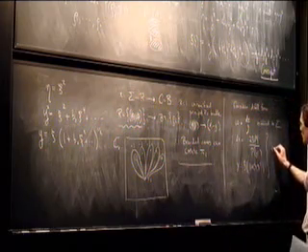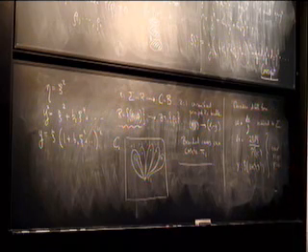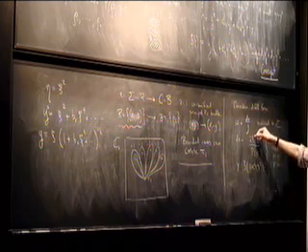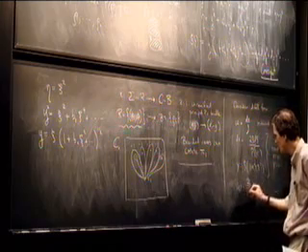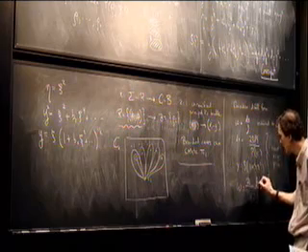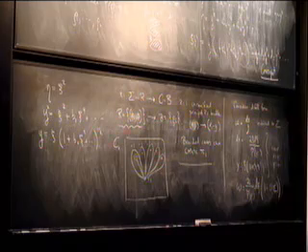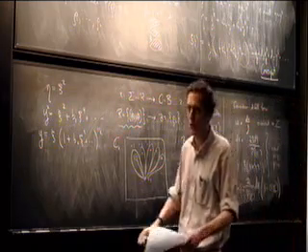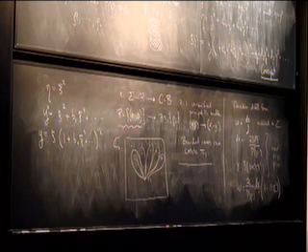And this is what it looks like near x equals rho I, y equals 0. But now you see there's a first order 0 here, which cancels this. So omega is 2 divided by p prime of rho I d psi times 1 plus order psi squared for small psi. So this differential form is perfectly smooth at the ramification locus. And it's clearly smooth everywhere else. So it's a nice differential form.